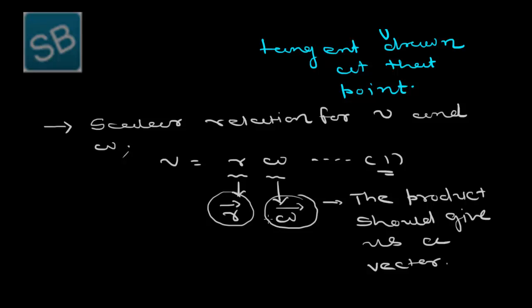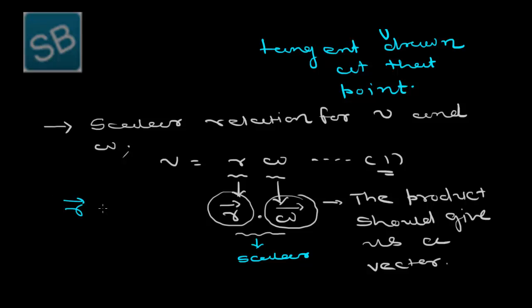So which kind of product are you going to use? If you use the scalar product of two vectors, meaning a dot product, then this dot product will give you a scalar quantity.